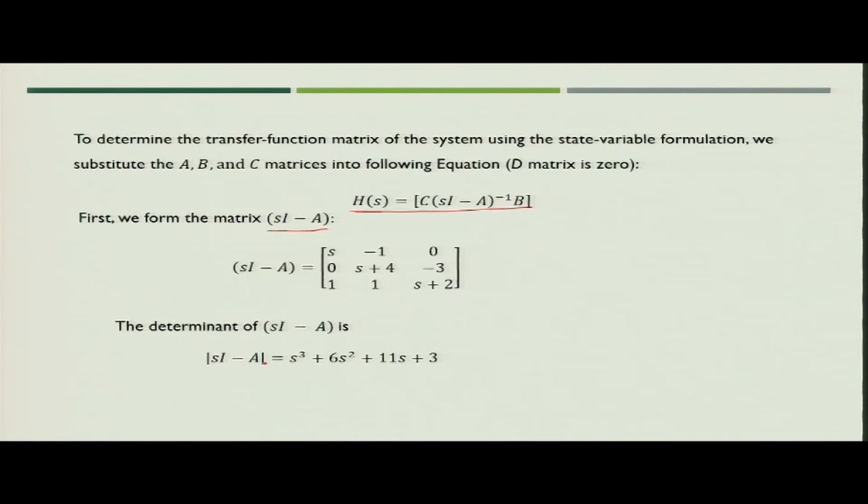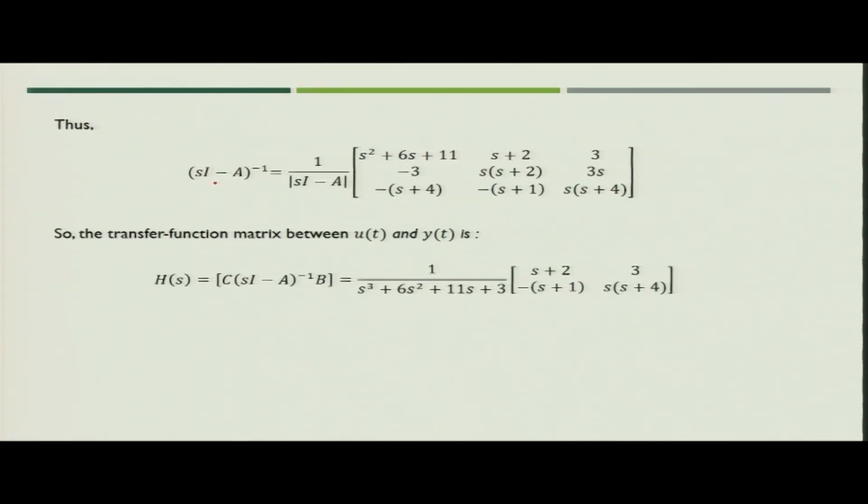When you take the inverse, you need to find the determinant. This will be the denominator for the inverse. So, the inverse you will get is 1 upon determinant of sI minus A matrix multiplied by the adjoint matrix. Now, you have got the inverse of sI minus A.